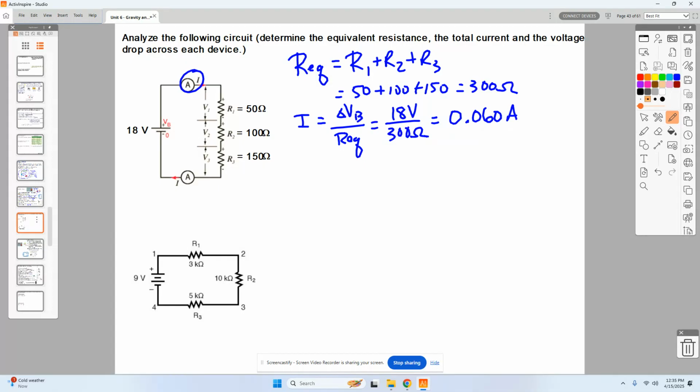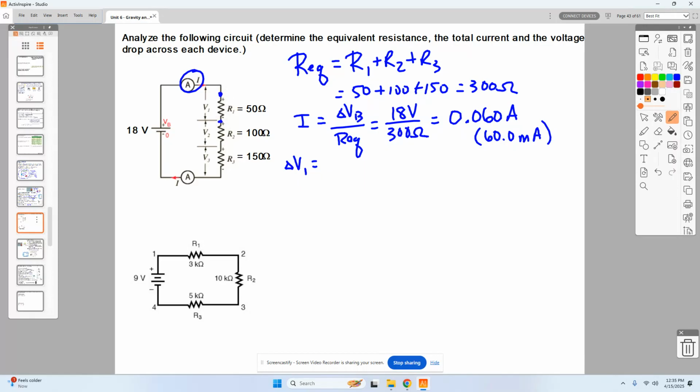So the 0.060 amperes, you might think of that as 60 milliamps. So again, either one of those would be acceptable. Typically, we would use the 0.060 amperes when we're starting to determine things like voltage drop. If I want to determine delta V1, that would be the voltage drop across this resistor.